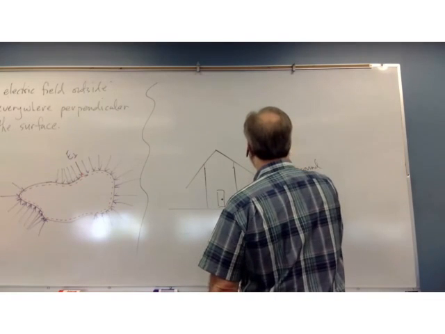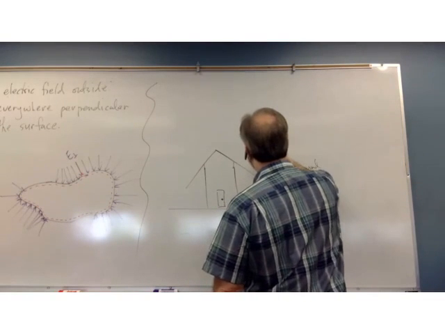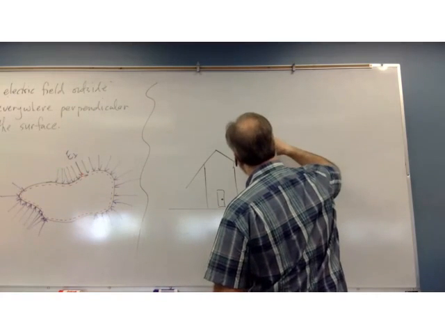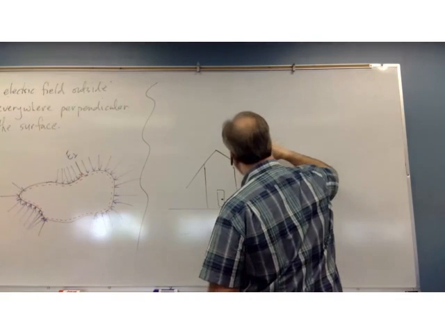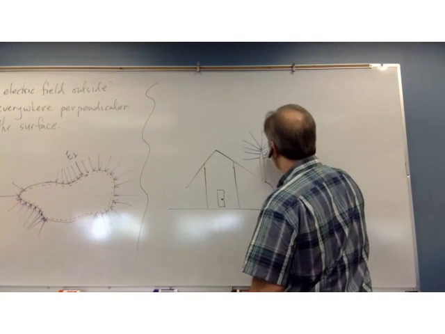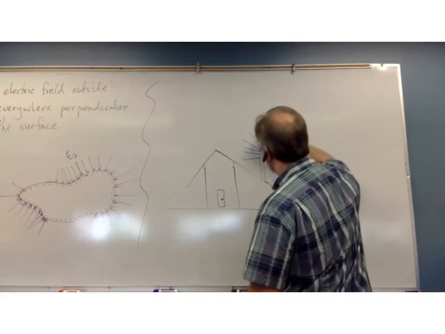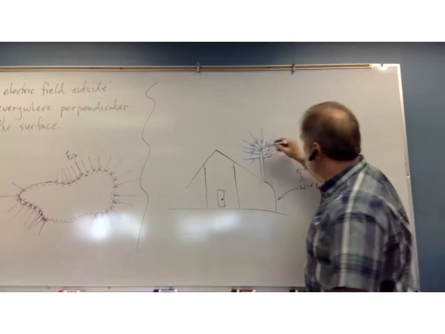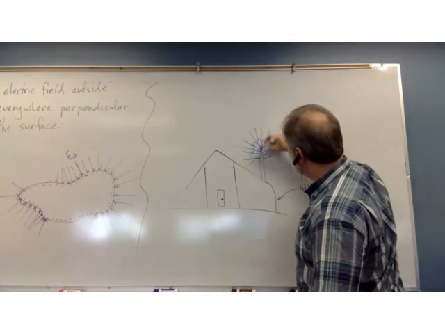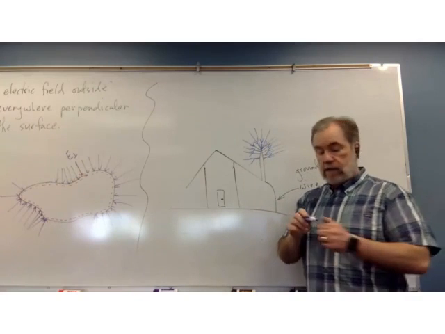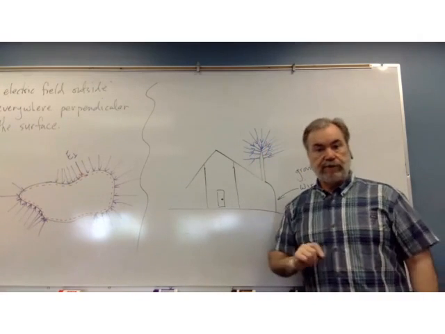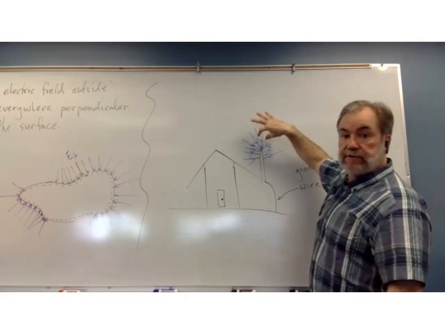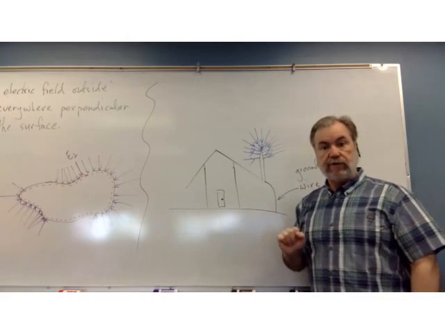But the electric field, as I was just suggesting, points everywhere perpendicular to the conductor. But notice a thing, and I didn't really emphasize it enough, so let me emphasize it here. Notice that the electric field lines are much denser towards the point of the lightning rod than they are anywhere else. So very strong electric field, that's where the very strong potential difference is going to be.